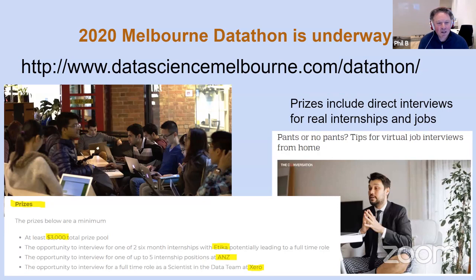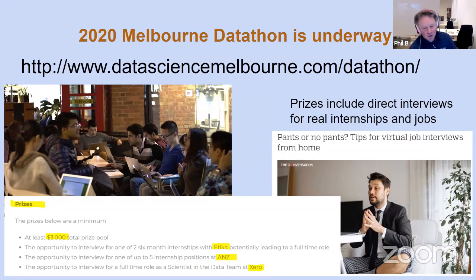It's all online, and the main purpose of the event is to give people who are looking for work, whether it's a full-time job or an internship, the chance to shine and put themselves in the employment window. So if you are in that position, then jump onto this website and take part in the datathon. It's got about 4 or 5 weeks left to go.